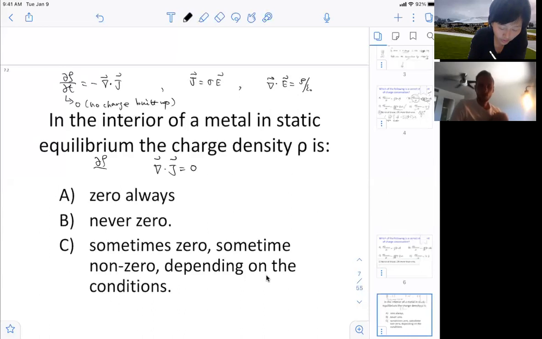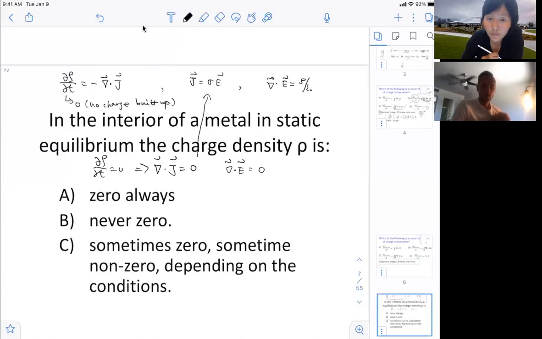And if the divergence of J is 0, from Ohm's law, we know the divergence of E is also 0, because the divergence of J is sigma times the divergence of E. Now if that's true, then rho over epsilon naught is the divergence of E, which is 0, which means the charge density is 0.